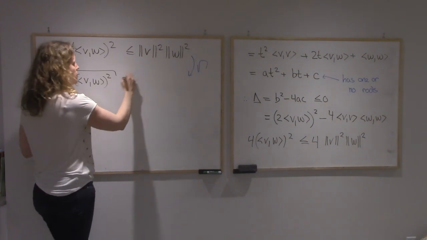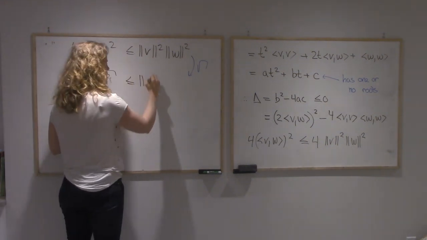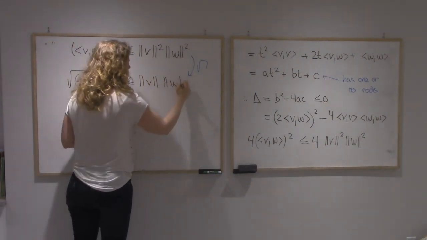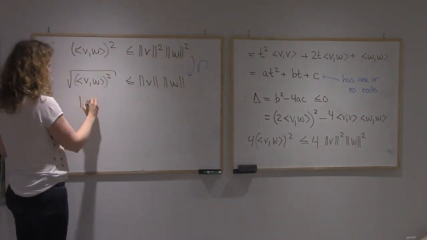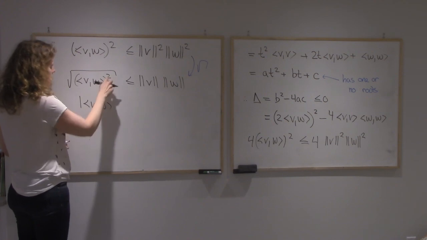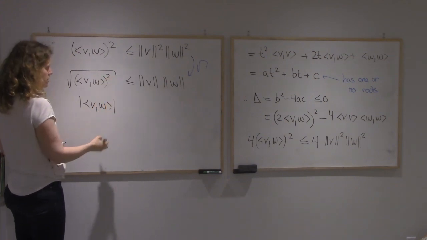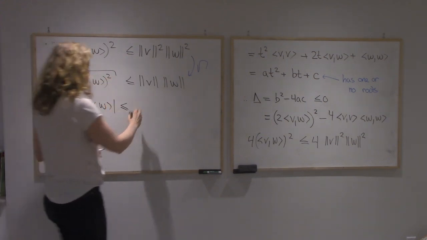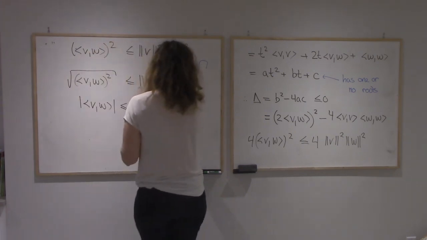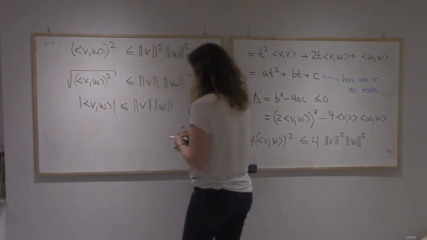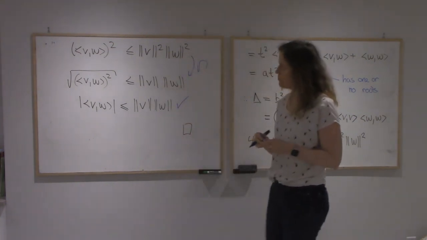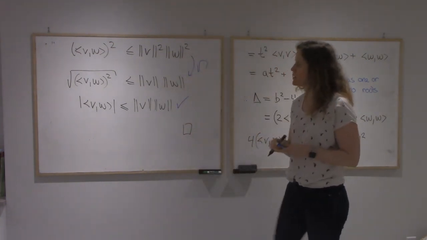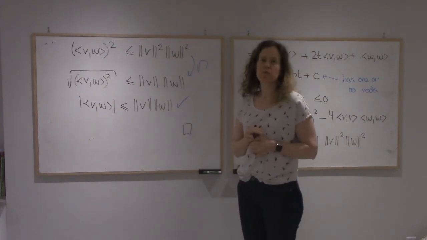Since I know the lengths are positive, the square root will simply cancel with the square. Here I don't know that it's positive, that's why I need to introduce an absolute value, because the square root of a square gives you the positive version of your number. And so we get what we wanted: the absolute value of the inner product is less than or equal to the product of the two lengths.